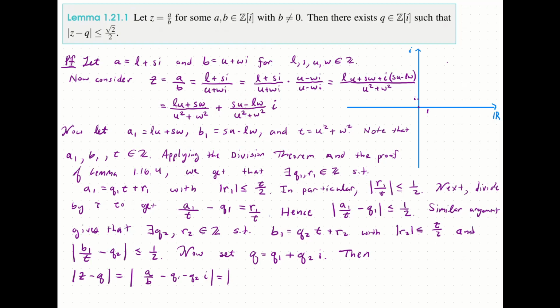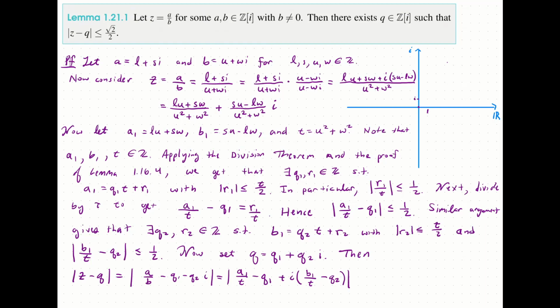In terms of the real part, we're going to have a1 over t minus q1, and then the imaginary part is going to be i times b1 over t minus q2. And so we're taking the modulus of this.